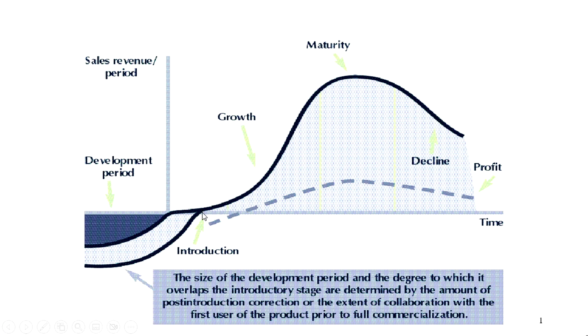Sometimes we will get feedback at an early stage from the market, and based on that feedback we might go back to the development stage and do some modifications and enhancements. So, the size of this development period may initially start here, but it might get expanded with post introduction inputs coming from the marketplace, from the customers, as a result of which some modifications are done.